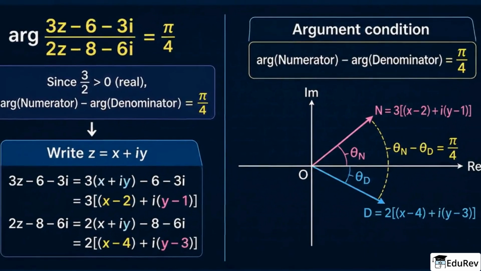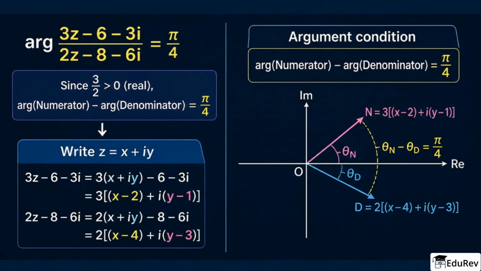Since 3 divided by 2 is a positive real, the argument condition reduces to argument of the numerator minus argument of the denominator equals pi divided by 4, which leads to a real equation after setting the real part equal to the imaginary part of the quotient.